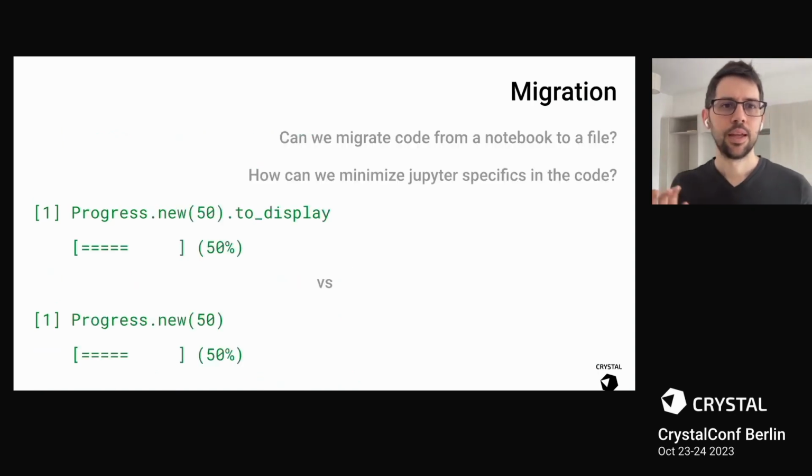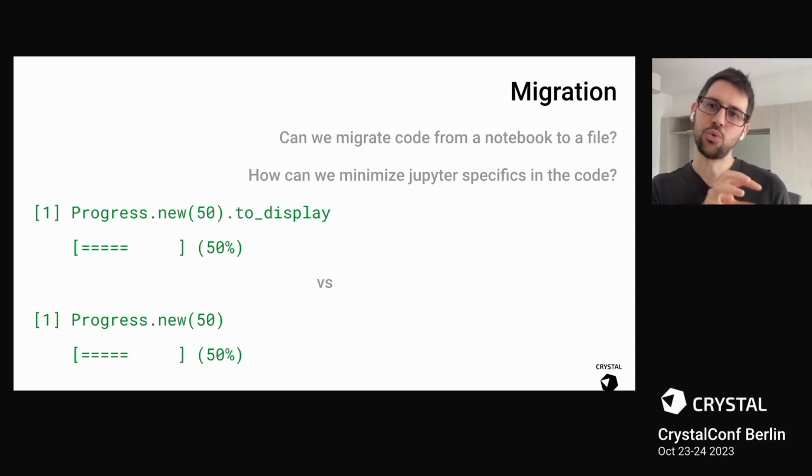And then just shortly regarding code migration, since it's a different context, you will start having some specifics of Jupyter regarding the semantics. Like I have the counter, or I could have some progress data type, and I wanted that to be displayed.